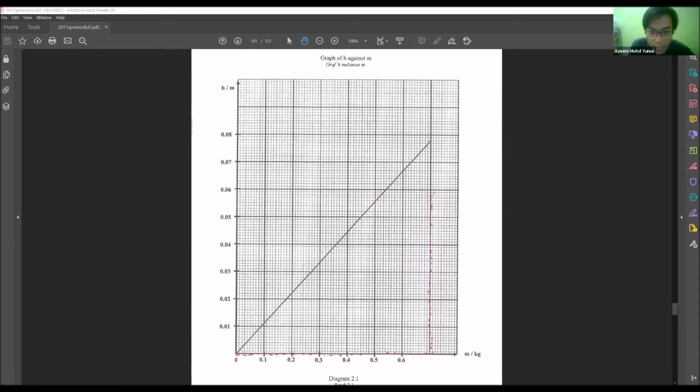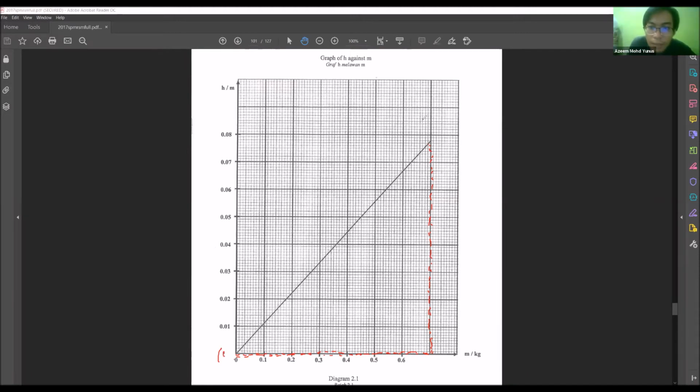So this is my triangle. Make sure that you draw your dotted lines clearly, but in the exam you don't need to worry because this graph paper will be in blue color. So your 2B pencil should be enough.